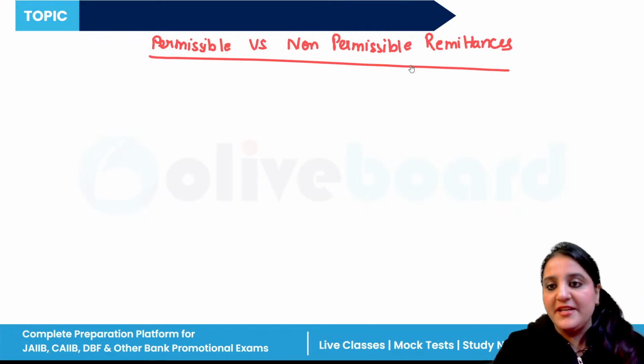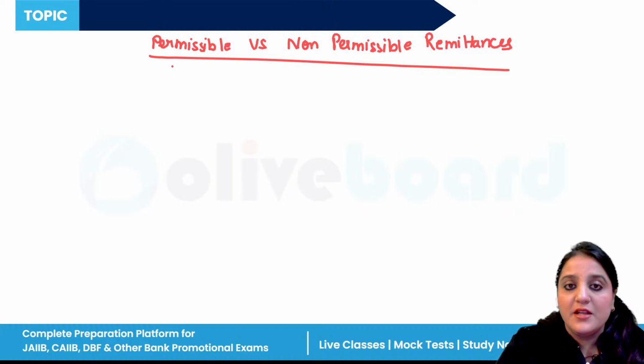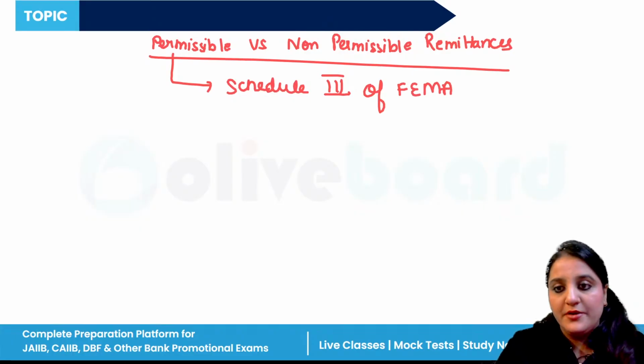So in this, we can include the permissible remittances. These come under Schedule 3 of FEMA, right?